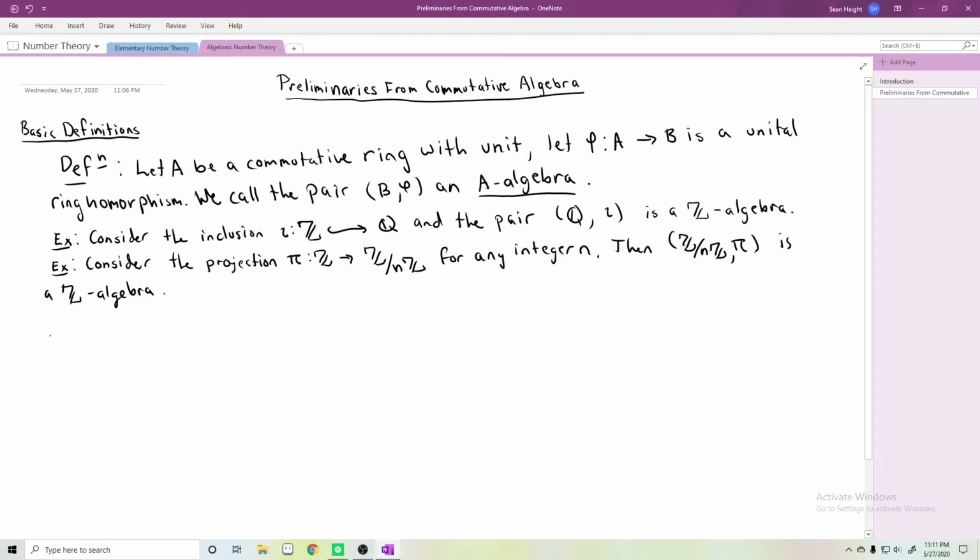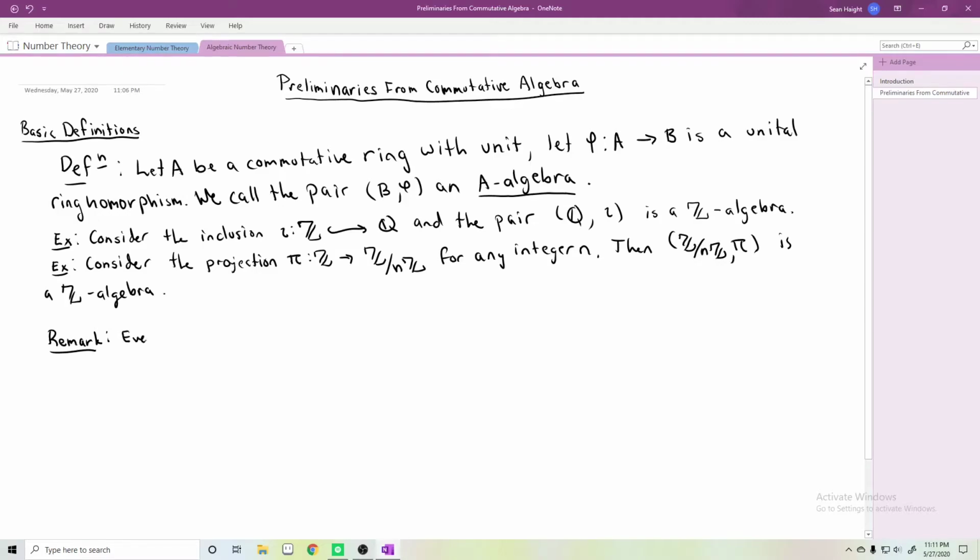Okay. So a couple remarks I want to make. The first thing I want to say is that every ring for the context of this lecture series, unless otherwise stated, will be commutative with unit.